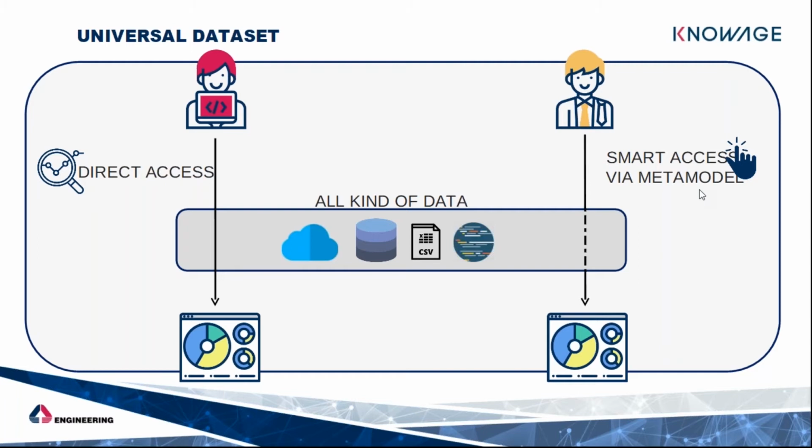Then the user accesses the meta model, retrieves data and stores it again as a result set in a data set, and performs his own or her own analysis, building dashboards on the platform.